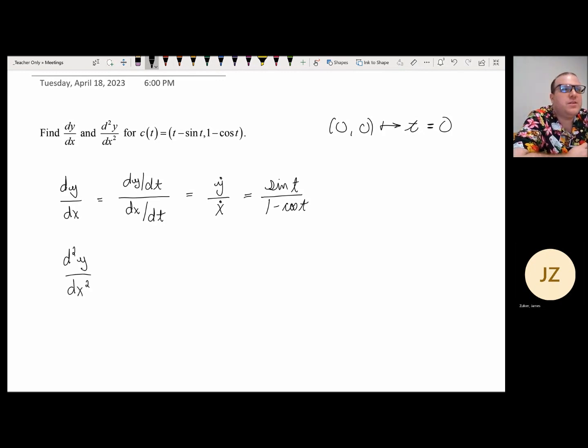Second derivative. I don't remember if I derived this in the video. It's been a couple years. If not, I leave it as an exercise.